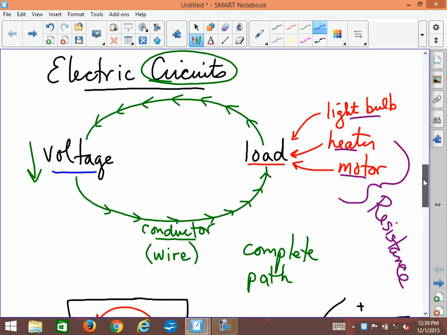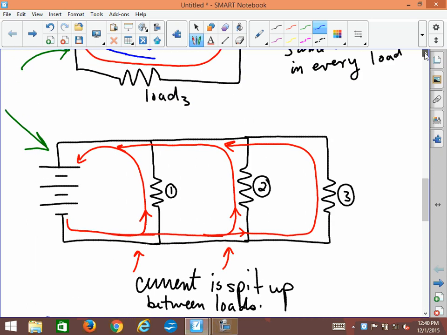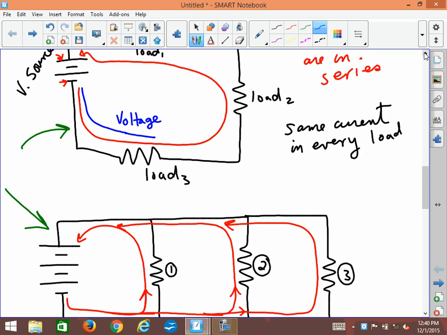Okay, so let's now go down to the parallel circuit. Right about there. Let's look at what happens with the series and parallel circuit. In the parallel circuit, that voltage, well, let's finish here. The voltage is going around and a little bit gets lost. So I said it's like if you were going for a walk and you had lots of energy.